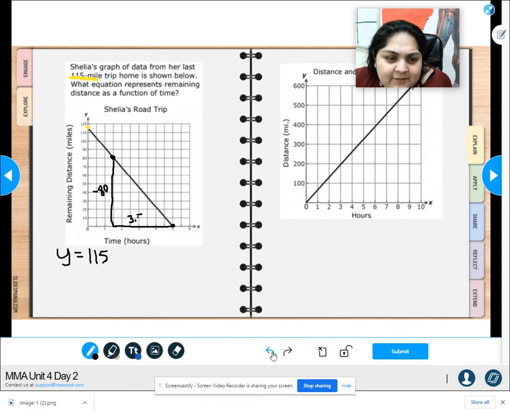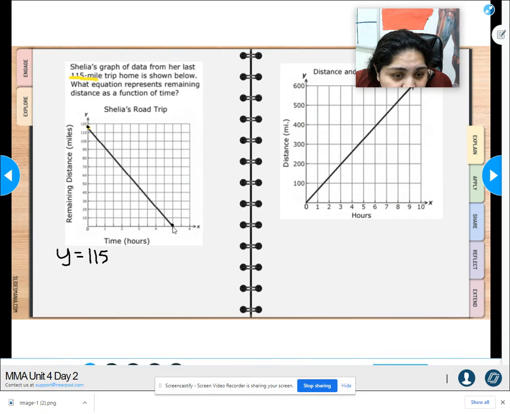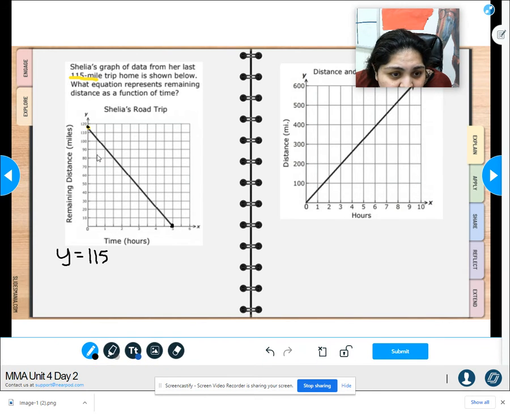Let me erase that and see if that was a good one. Let's use the 115 and the 5 just to make sure we get the right numbers. Because I know I see that it is going through, but I know that some of us would say it wasn't. So let's just do the x and the y-intercept. So this is the y-intercept, and that's the distance away from her home that she was traveling.